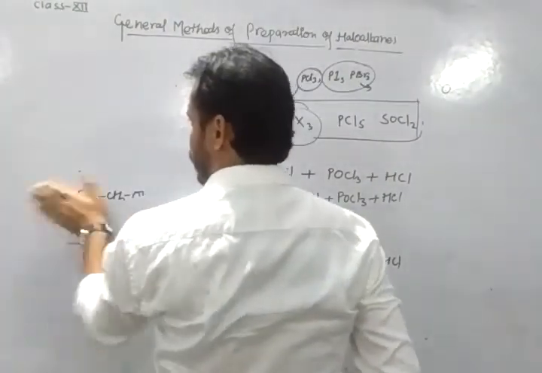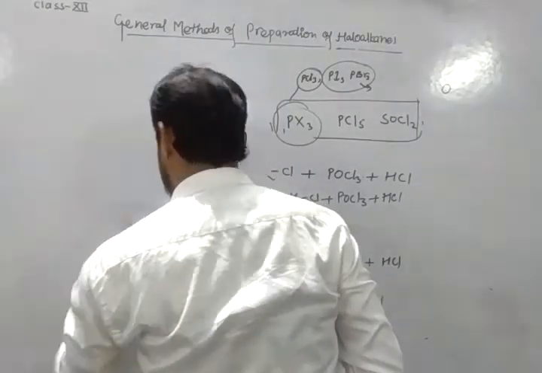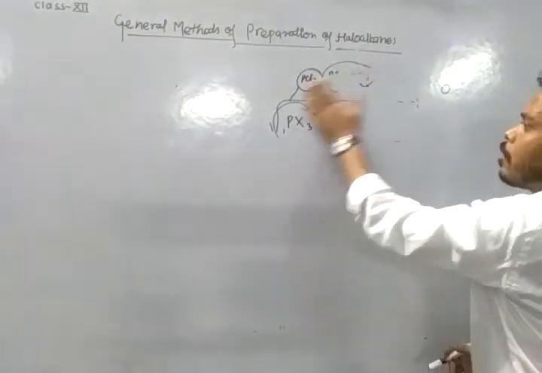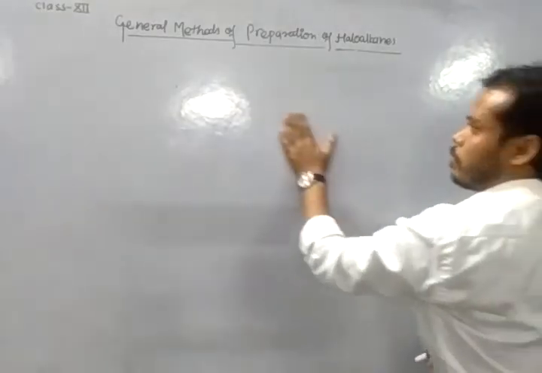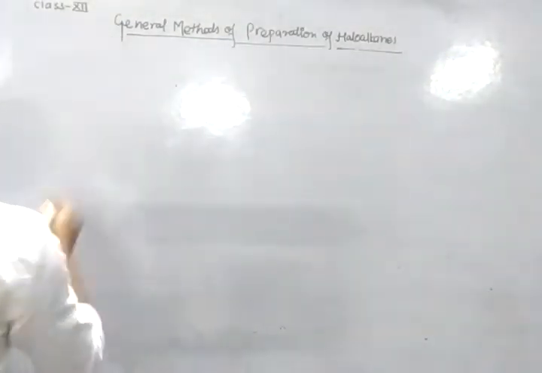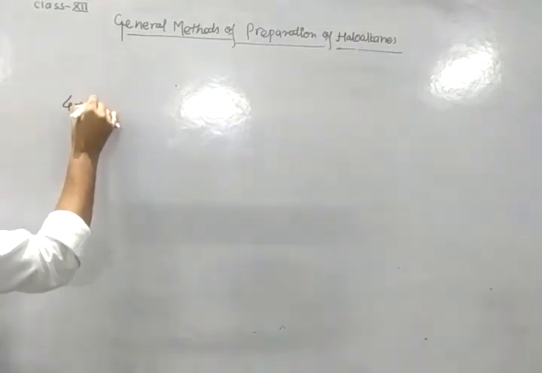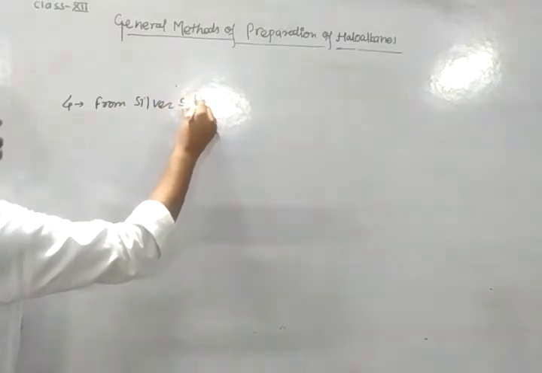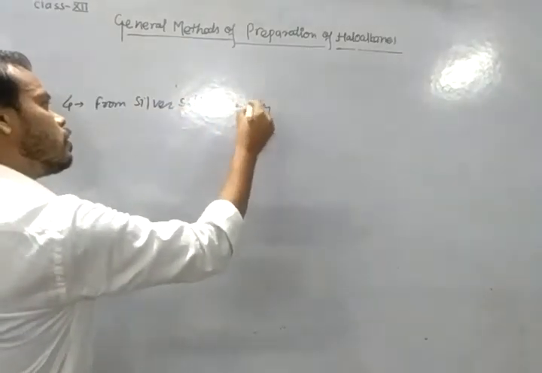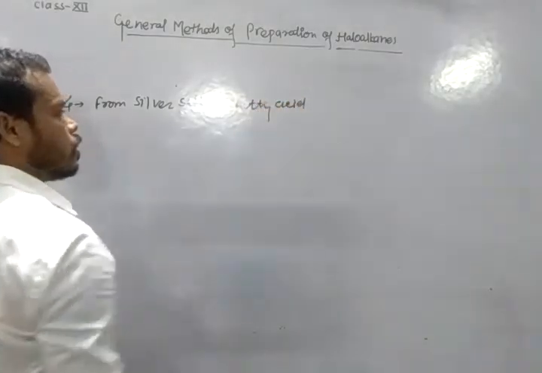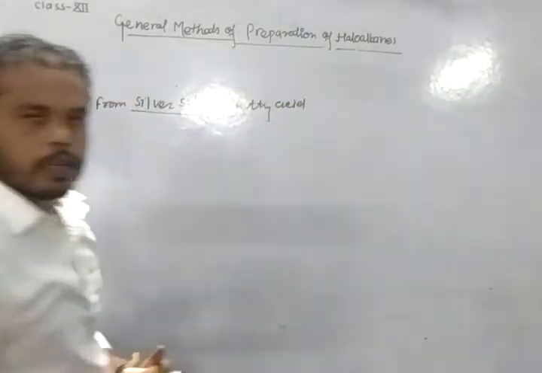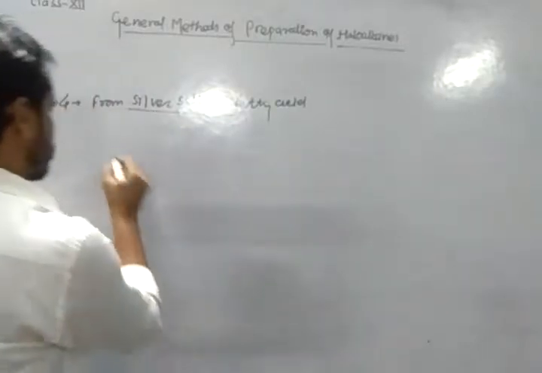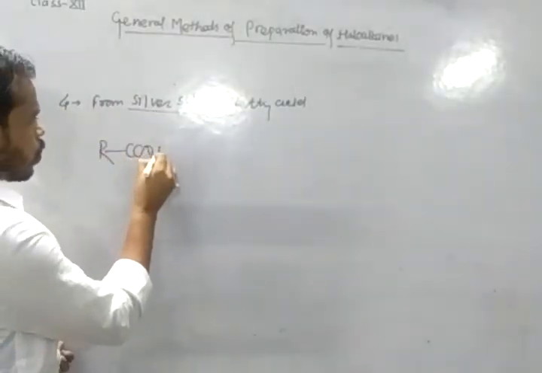Next method: from silver salt of fatty acid. You know the silver salt, like this, RCOOAg.